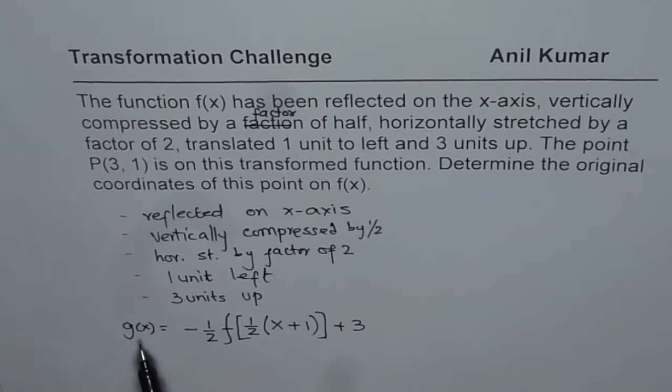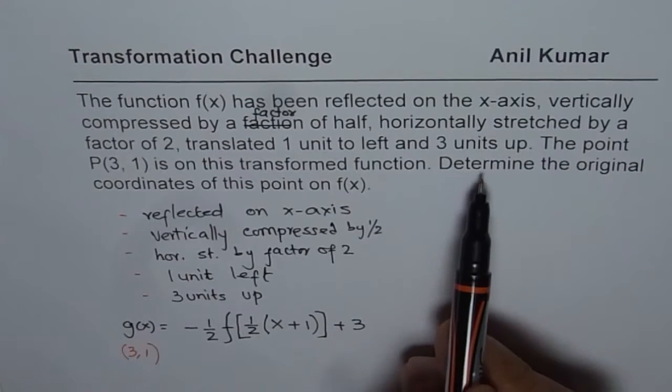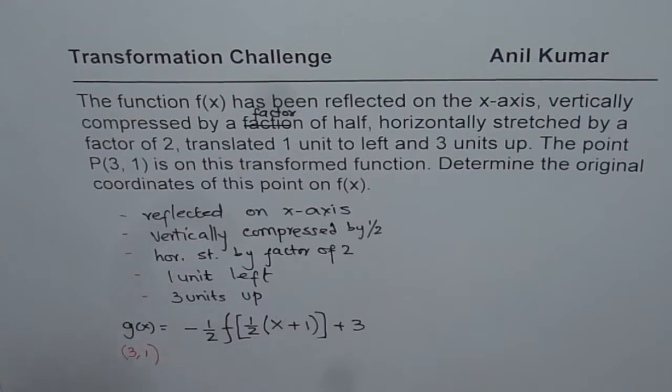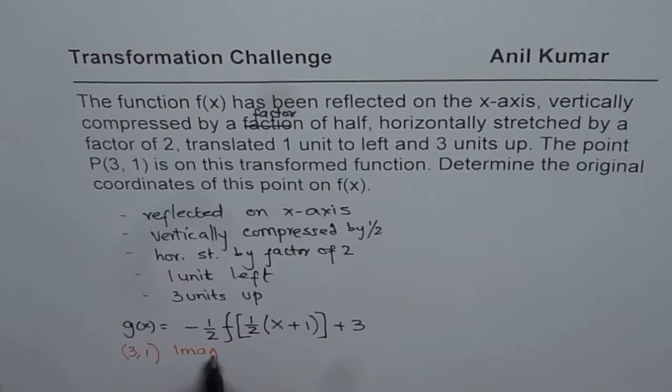Now, the point P(3, 1) is on this transformed function. So on g of x, we have the point P. Determine the original point on f of x. So we want this point on f of x. We are given the image, and we want to find the original point.